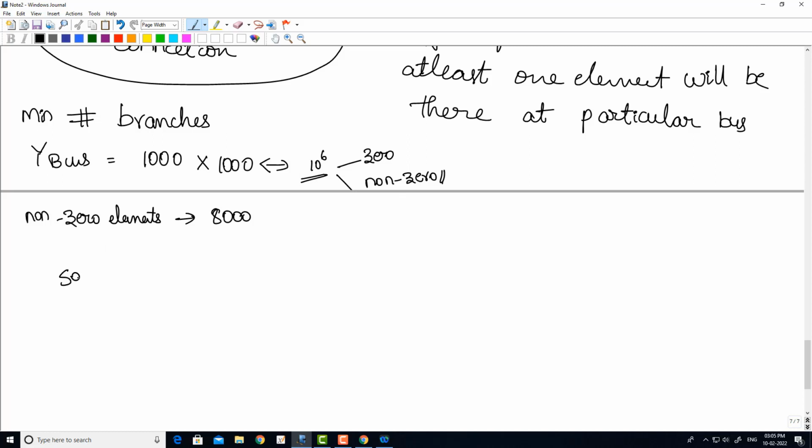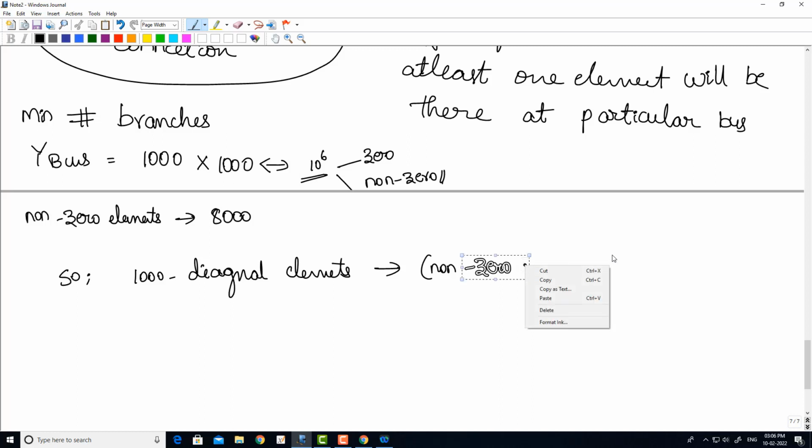We know that there will be 1000 diagonal elements, and these are non-zero values. And the total non-zero elements are 8,000, right?